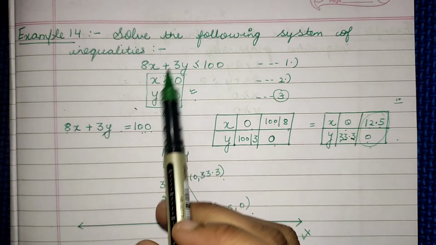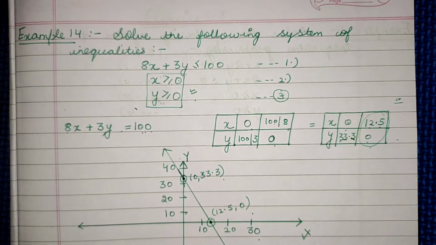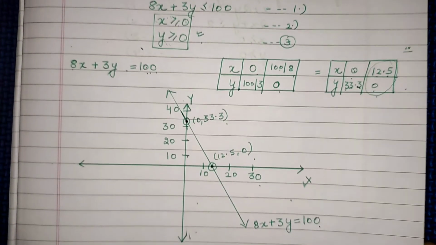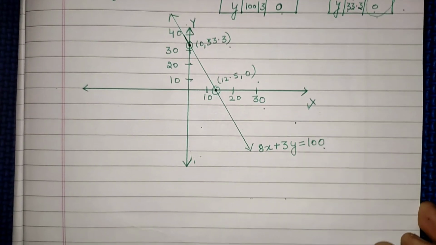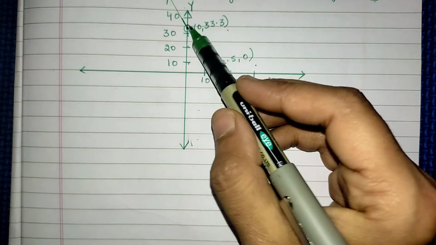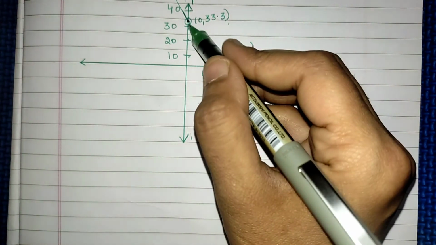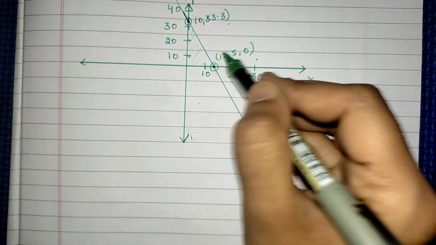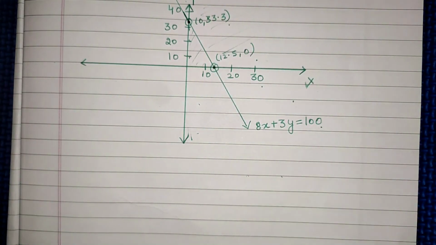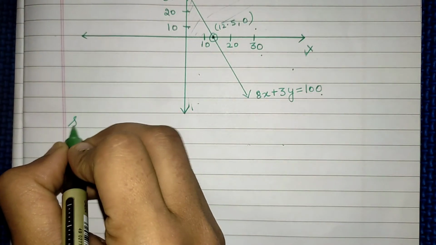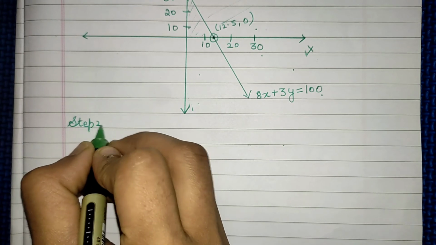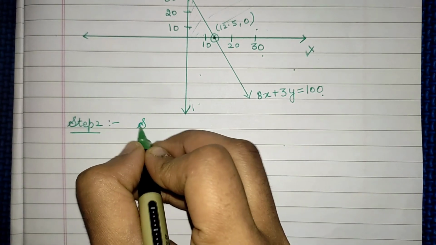For both the other equations, they are simply saying that x and y should be greater than or equal to 0. So we do not need to draw both those lines. They are simply saying that your solution will be in the first quadrant only. Okay, and in the first quadrant, this can be my solution also and this part can be my solution also. So step number 2: how will I find out the solution?